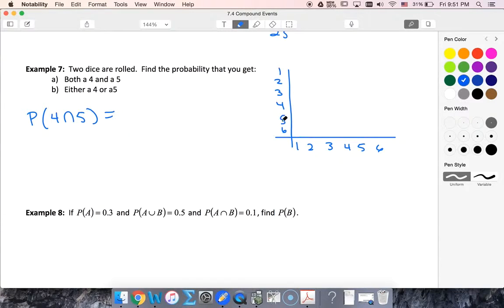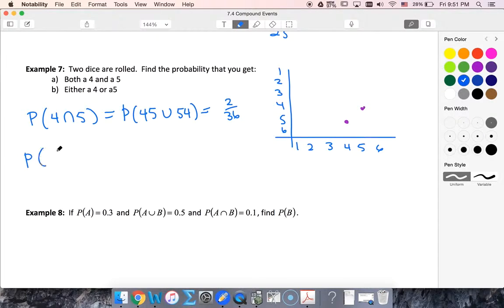So thinking about getting a 4 and a 5, well, that could happen in this situation or in this situation. So I've got 2 out of 36 ways that can happen. So that's like thinking about getting a 4-5 or a 5-4. So I would have 1 out of 36 plus 1 out of 36, 2 out of 36.